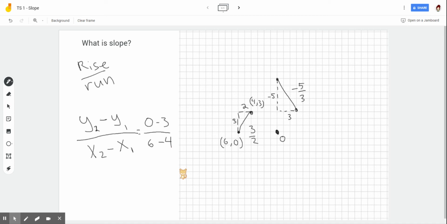So you double check, these are both negative. So I'm double checking. I've got coordinate -6, 0 as my first.